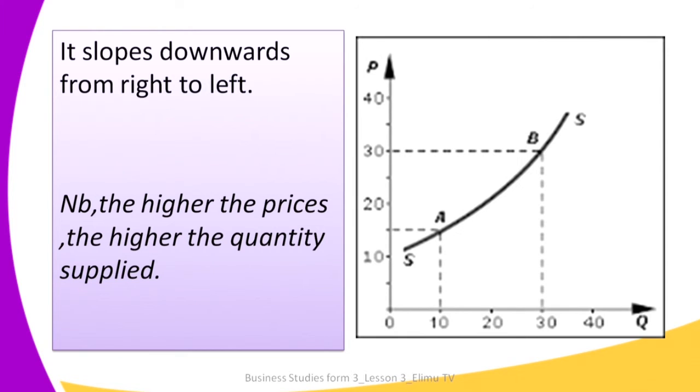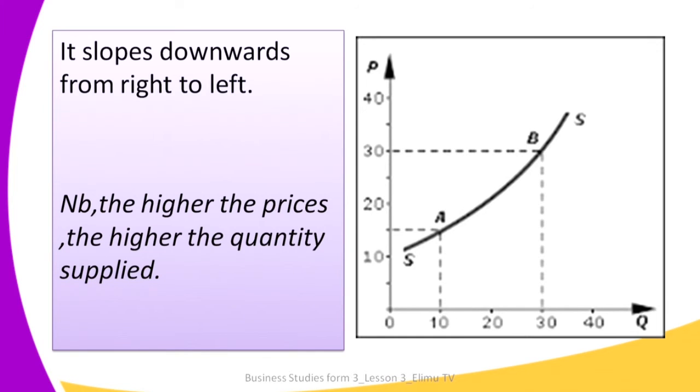It slopes downwards from right to left. For instance, there you can see the higher the price, the more the quantity supplied. So that is why the supply curve slopes downward from right to left.